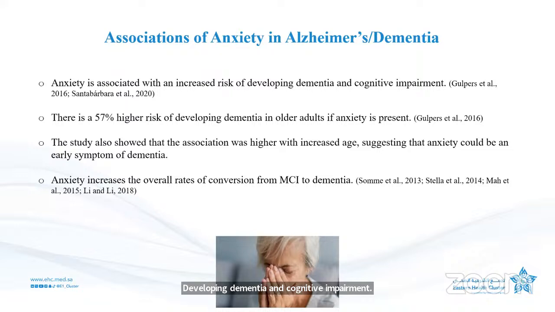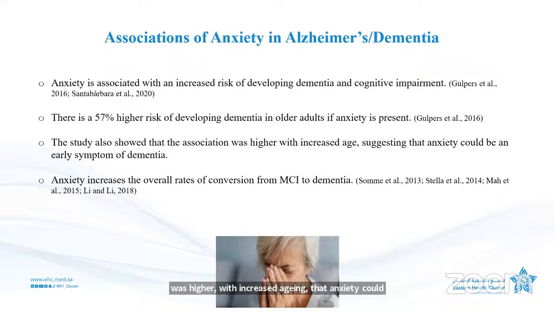There is a 57% higher risk of developing dementia in older adults if anxiety is present, and hence early detection and management of anxiety at an early age could help us avoid dementia, I would say, in a way, or worsening mental health. The study also showed that the association was higher with increased age, suggesting that anxiety could be an early symptom of dementia.